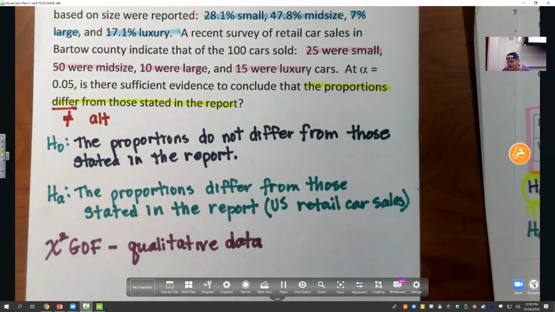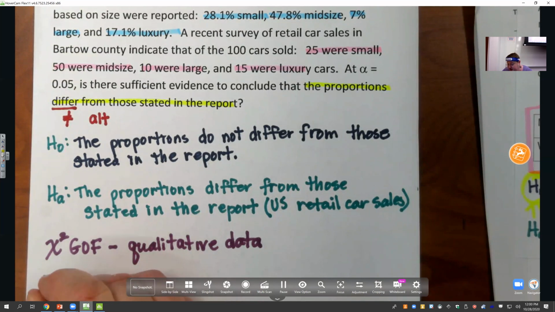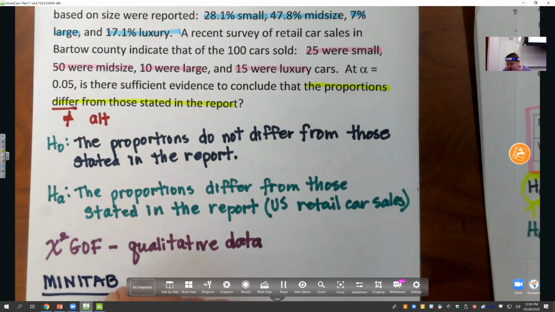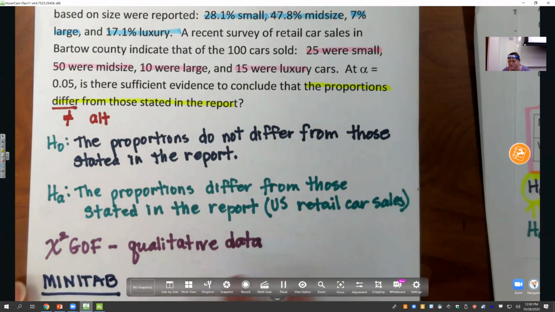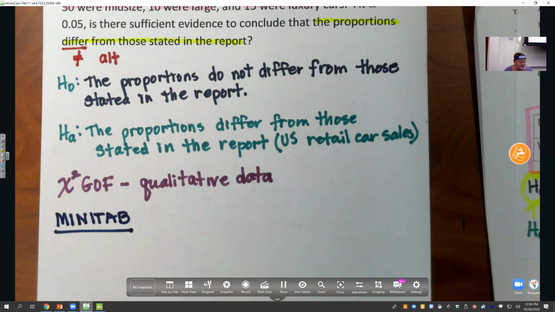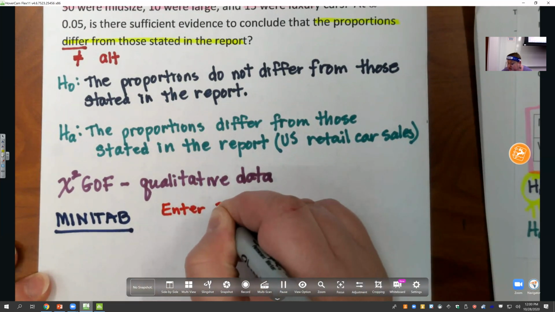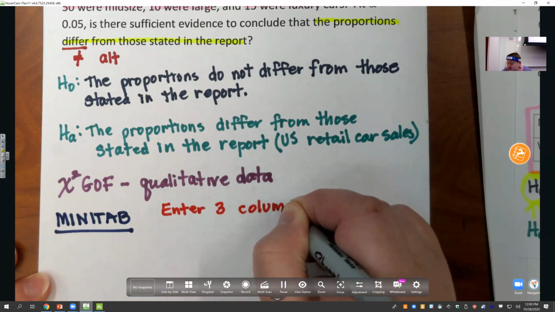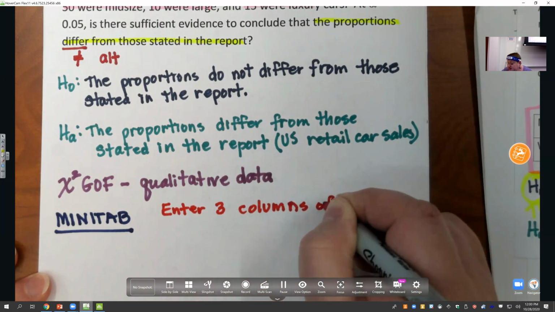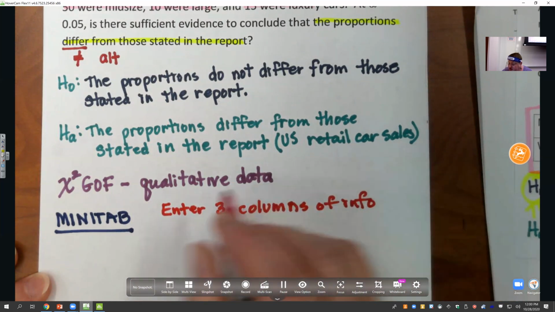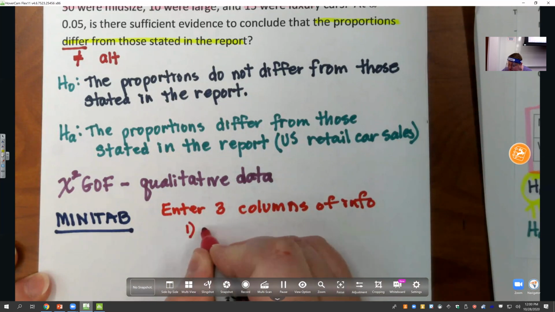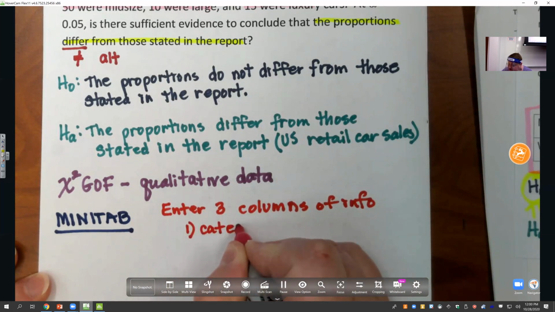Okay, there's a little bit of an extra step here when you go into Minitab, because we have to let Minitab know there are specific proportions. So for specific proportions, you're going to enter 3 columns of information. The first column will be your categories.